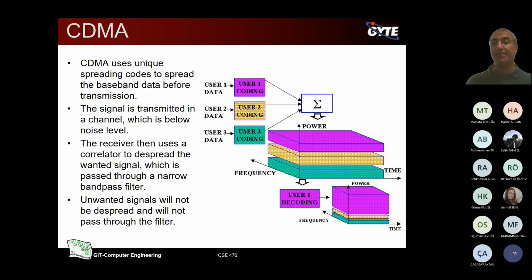So that's why I assign each of you a unique code, and these codes are orthogonal to each other. So when you request a YouTube video from me, or a WhatsApp server or Facebook server and so on, I multiply your signal, your YouTube video, with your code, and the other student's WhatsApp text with another code, and the Facebook image with another code, and then I combine all together and transmit to all of you.